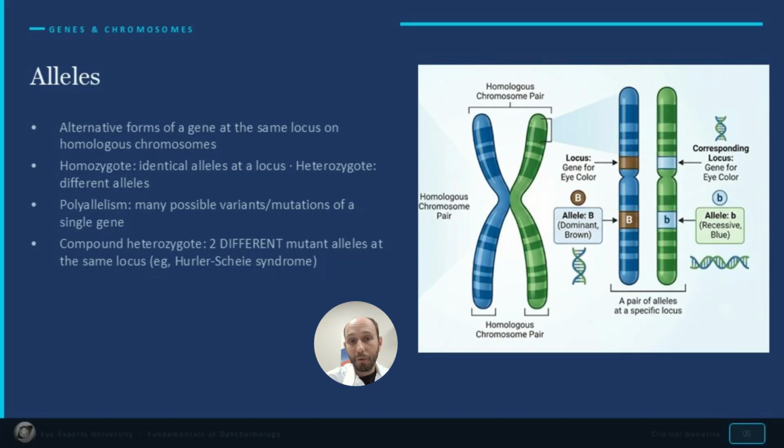You can have polyallelism where a gene can have different mutations, so there's multiple variations of what each allele could be. And you can also have compound heterozygotes where you have two different mutant alleles at the same locus.